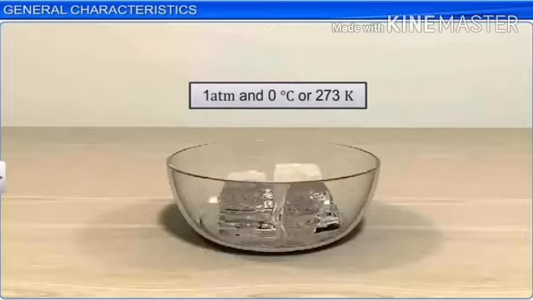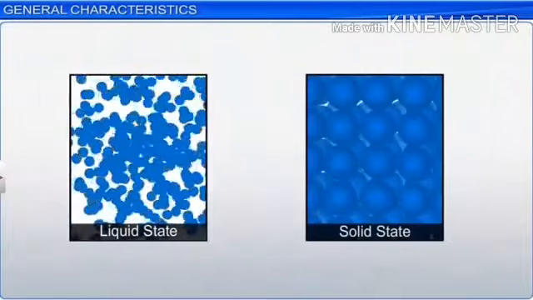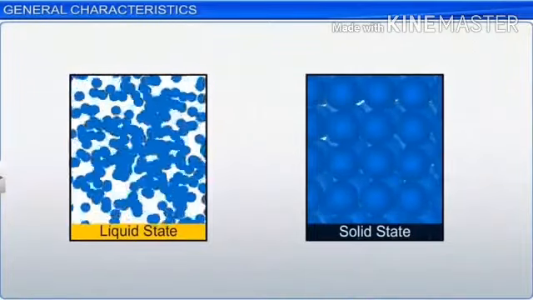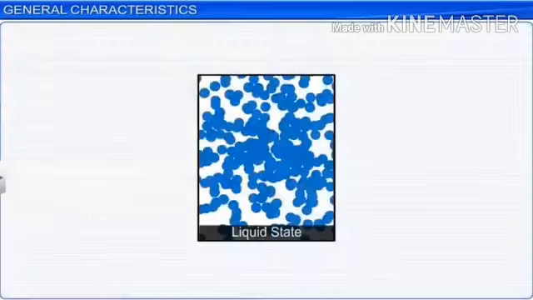Let us now understand how the molecules of water in liquid state attain the molecular arrangement of water in solid state. The states are interconvertible with each other when we change the pressure and temperature.